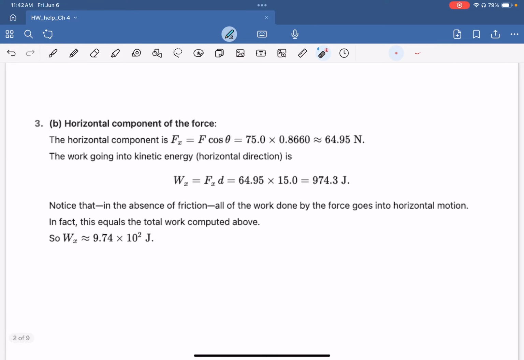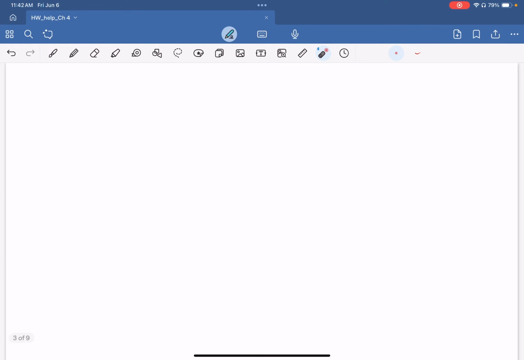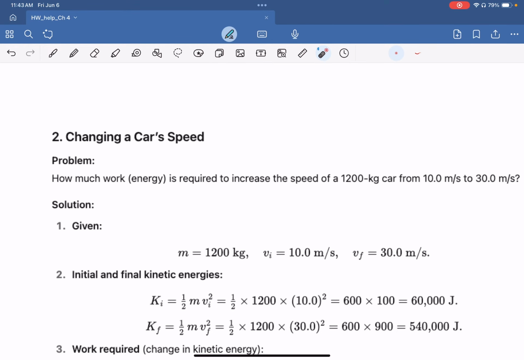Where's the second question? This question says, how much energy or work, you see that right there, work and energy are used interchangeably. How much work or how much energy is required to increase the speed of a 1200 kilogram car from 10.0 meter per second to 30.0 meter per second.